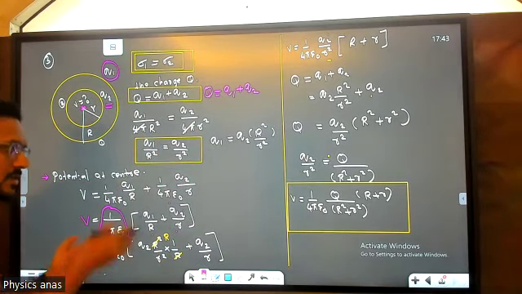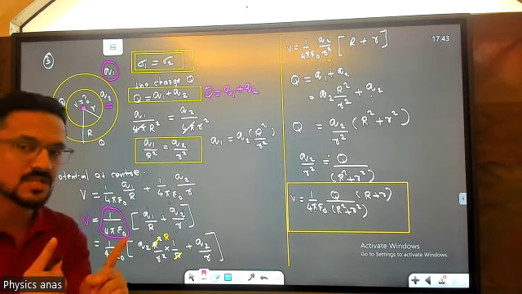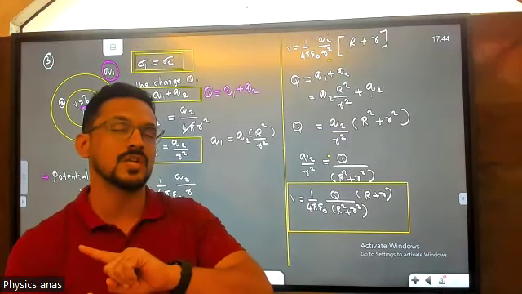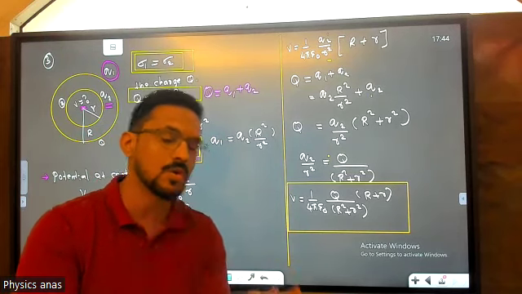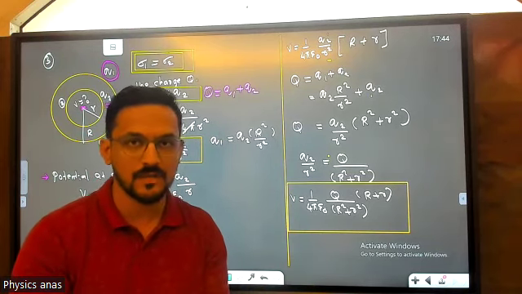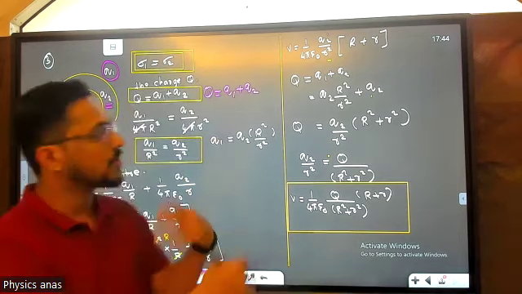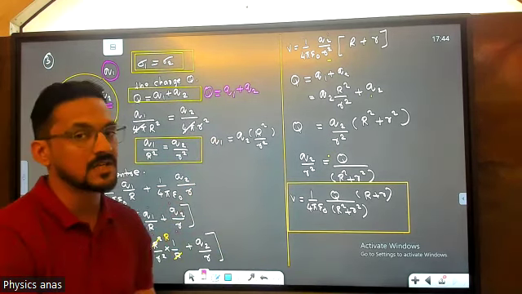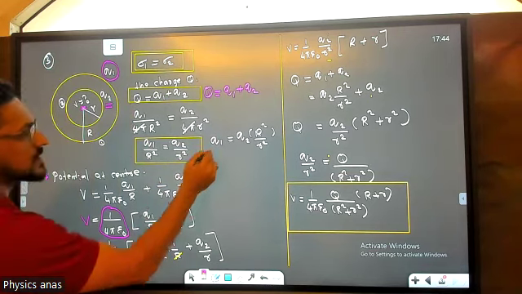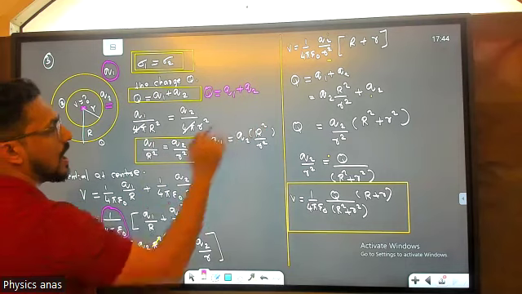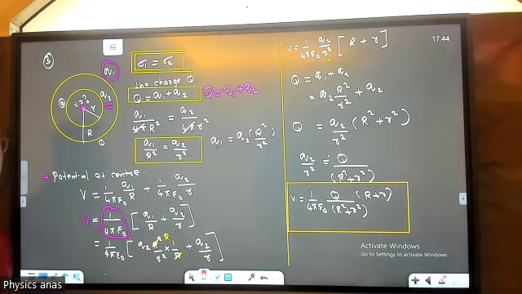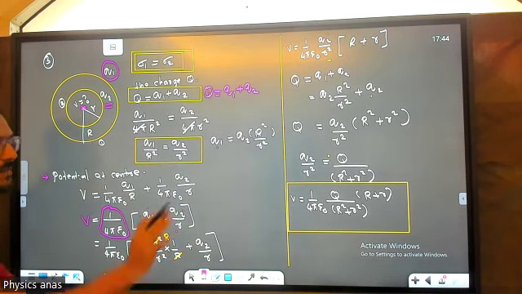First you need to convert this into only one term, either Q1 or Q2. Both will be okay. The final result will be the same. I am taking Q1. Q1 is Q2 into R square divided by r square. So I am writing for Q1, Q2 R square by r square, into 1 by R.